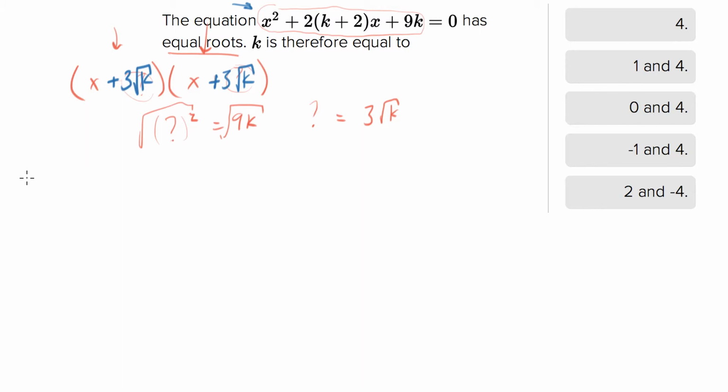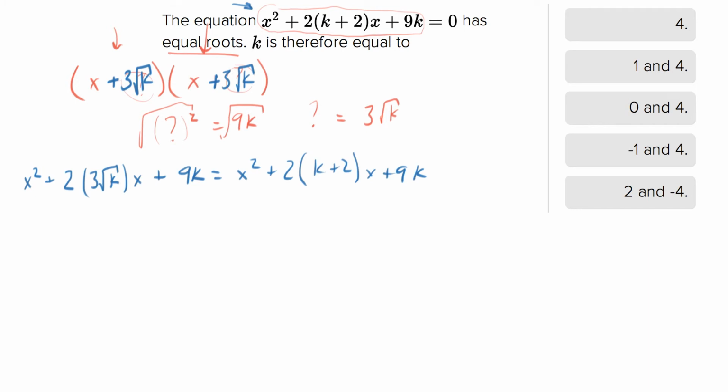We'll get x squared plus 2 times 3 root k times x plus 9k. That must equal x squared plus 2 times k plus 2x plus 9k.